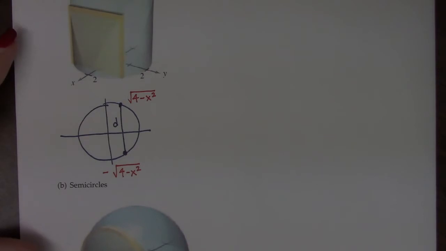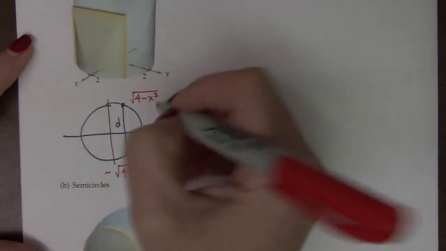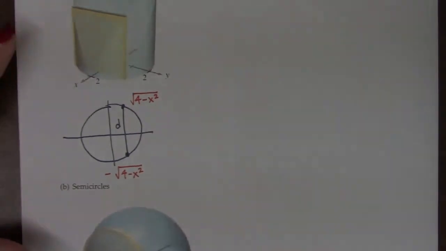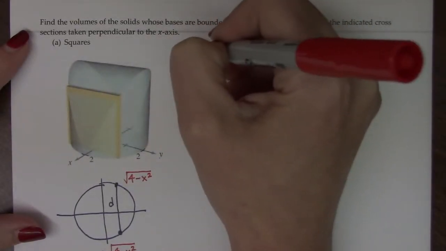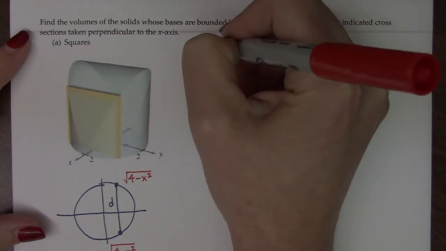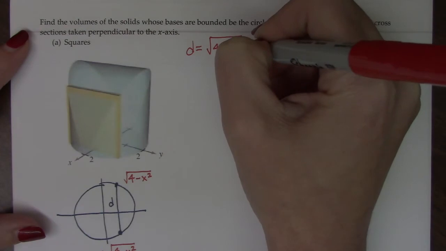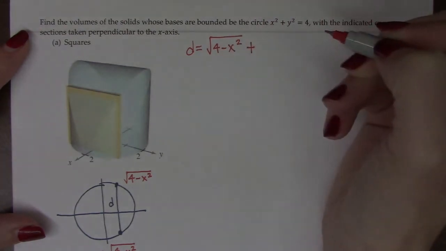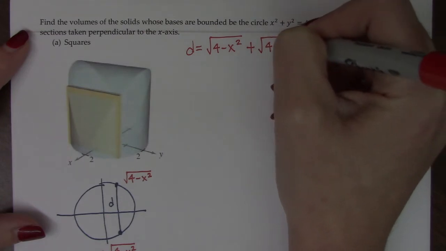So if I want to find d across this region right here, we read from top to bottom. I'm going to write it up here so we can see it. d is going to be f of x, which is the top function, the square root of 4 minus x squared, minus a negative square root of 4 minus x squared.